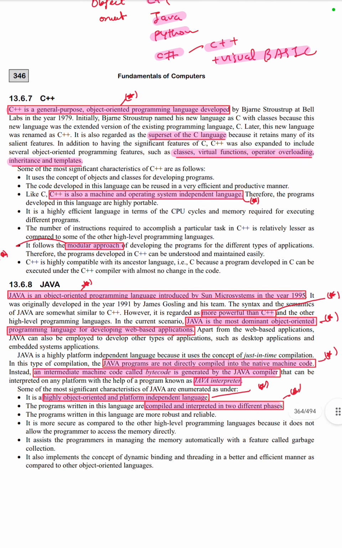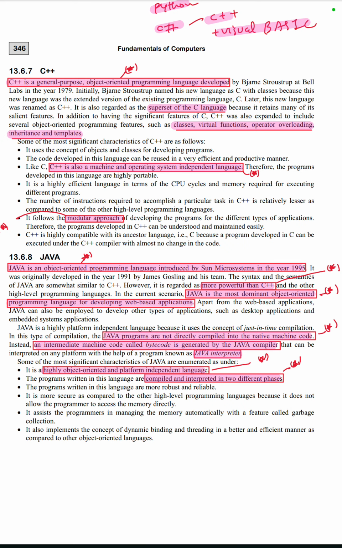Java is an object oriented programming language introduced by Sun Microsystems in the year 1995. It is regarded as more powerful than C++. Java is the most dominant object oriented programming language for developing web based applications.